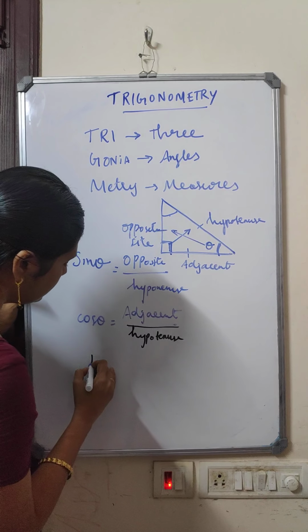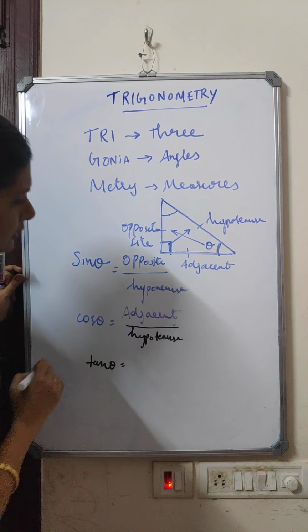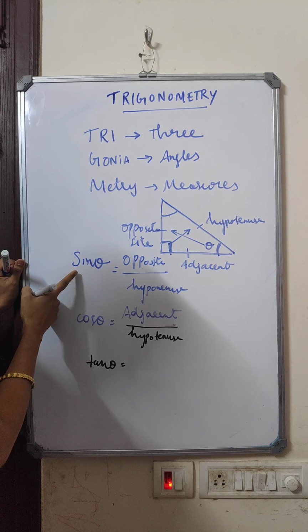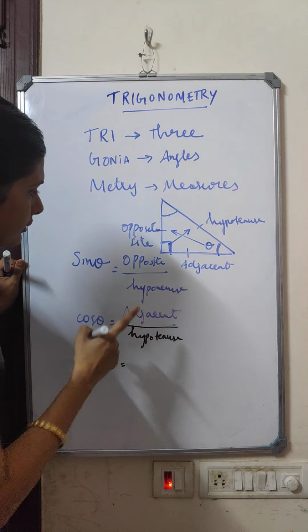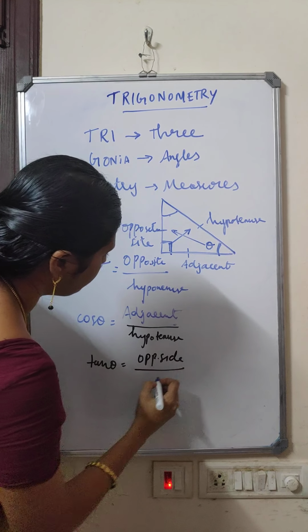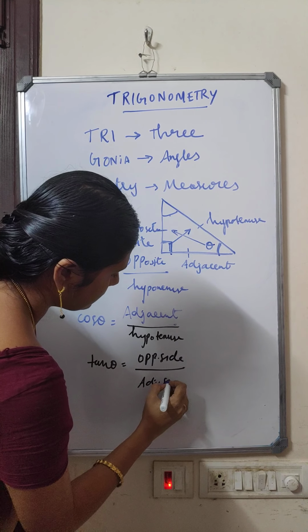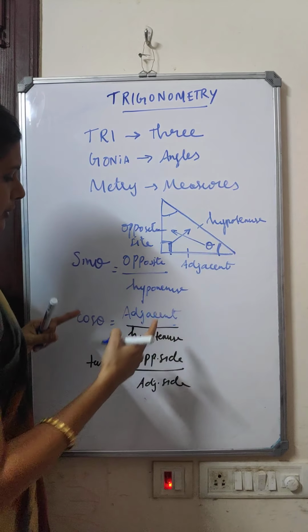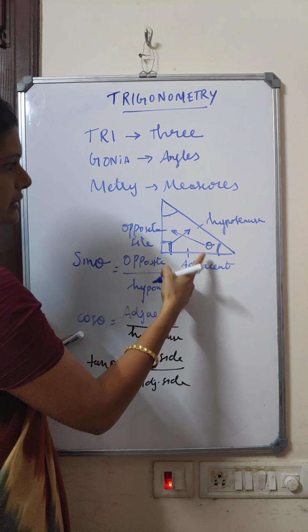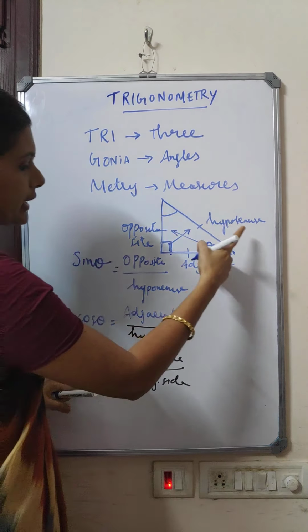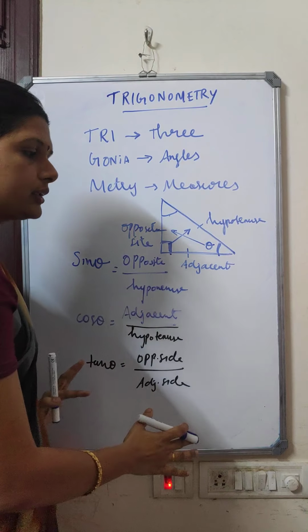Then tan theta. Whenever you divide sin by cos, you will get tan. So tan theta is opposite side by adjacent side. So sin theta is opposite side by hypotenuse, cos theta is equal to adjacent side by hypotenuse, and tan theta is equal to opposite side by adjacent side. This is a basic formula. You have to learn this.